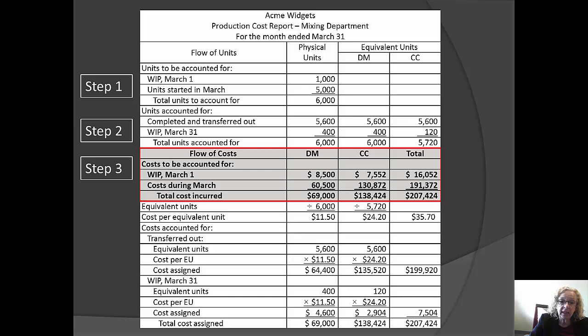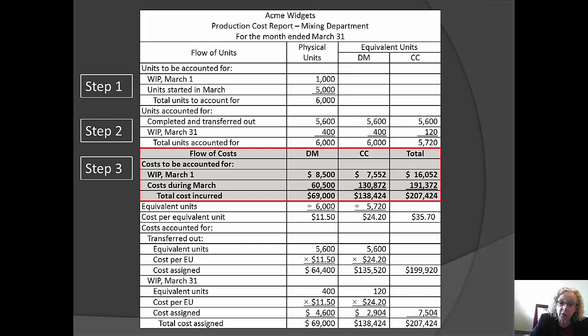Over here is step 3, where we take a look at the flow of costs on the input side. How much material did we put into our production from old costs and new costs?